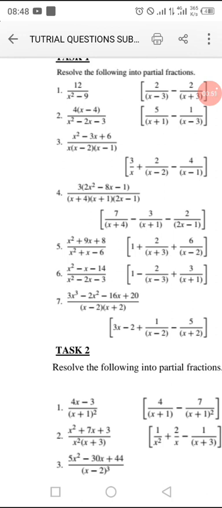If you look carefully, you might meet some questions in partial fractions where the denominator is smaller compared to the factor on top.